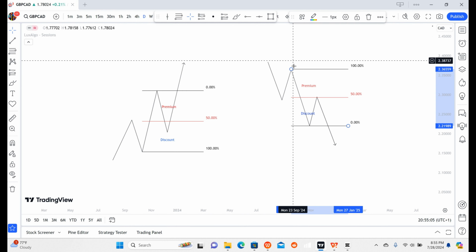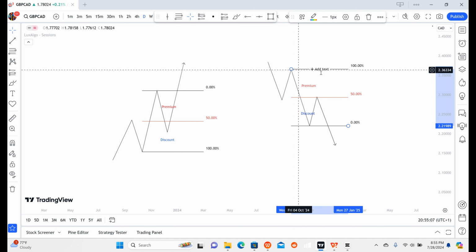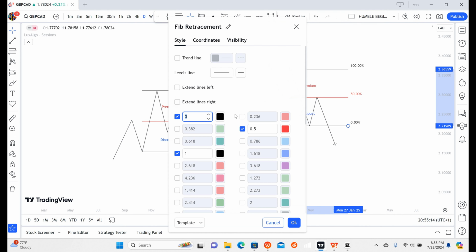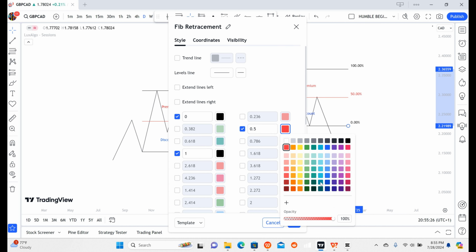Now, when you select your Fibonacci retracement tool, it's not going to look this way right from the start. You actually have to go to your settings and untick every other option except the 0, 1, and 0.5 level. Now I like to give my 0.5 level a different color just to easily spot the mid level.